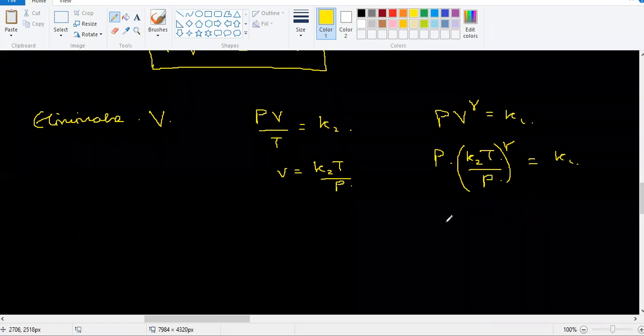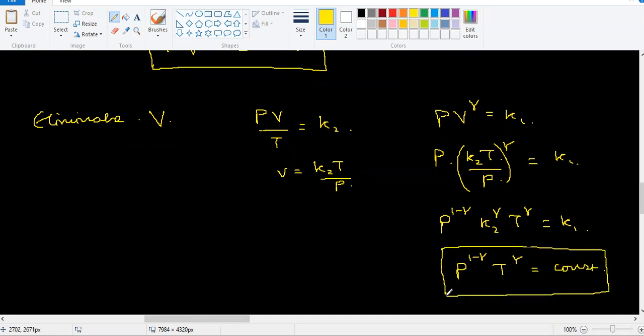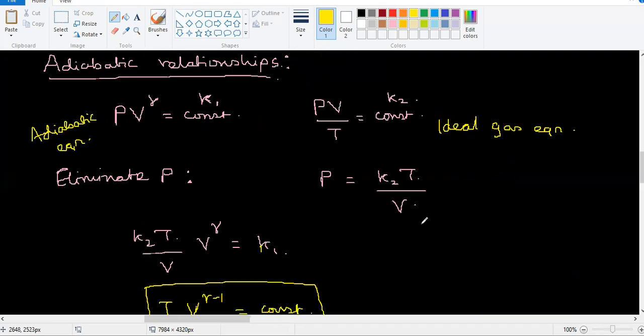So P power 1 minus gamma, K2 power gamma, T power gamma is equal to constant. I don't like these constants, so I bring them to this side and make one more constant. So this is another important relationship.